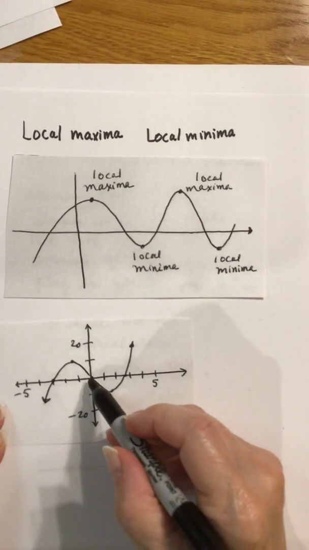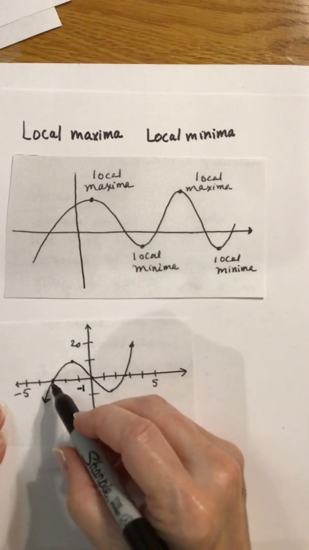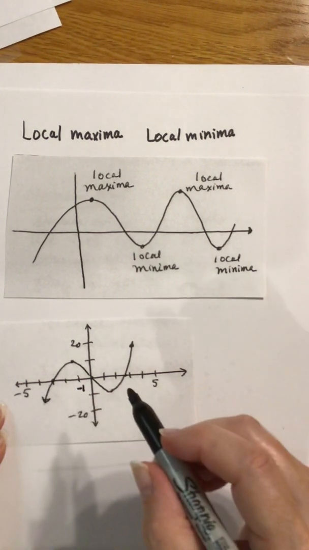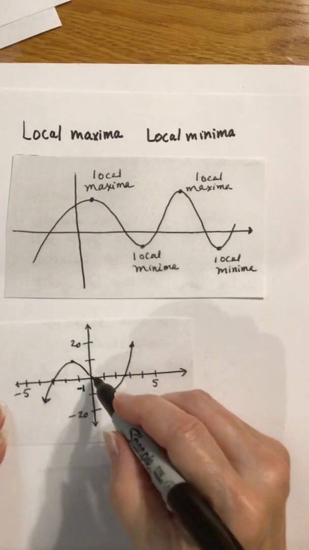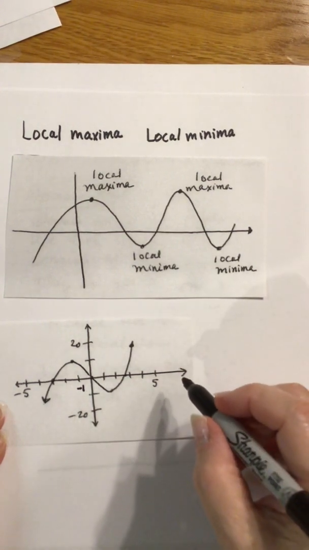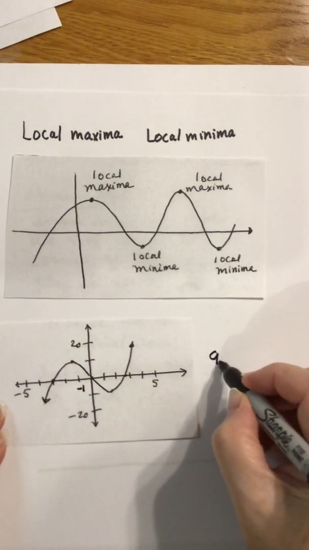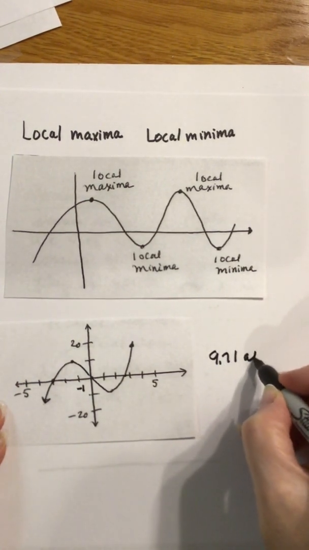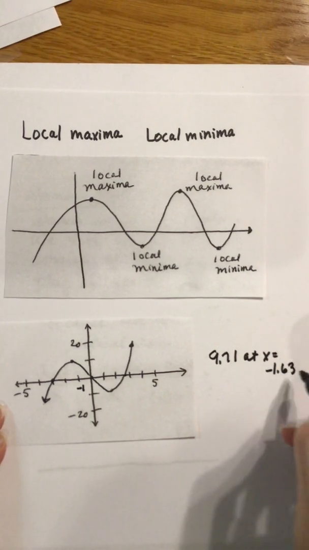And notice here how this would be negative 1, because this is negative 1, negative 2, negative 3, negative 4, negative 5, right? So this axis is going by 1s, and this axis is going by 10s. So they tell us that the high point is going to be the 9.71. So we write it as 9.71 at x equals negative 1.63.